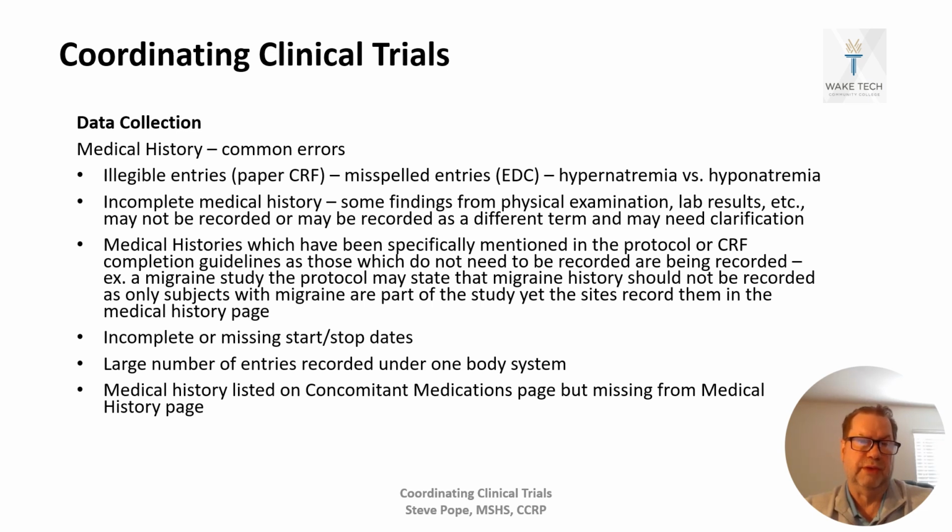It's difficult to do that with an EDC system, because as you enter that, it's going to prompt you for the corresponding number of that medical history diagnosis. So when we go through our data entry exercise, it'll be a little more apparent to you, and it'll make a little more sense.